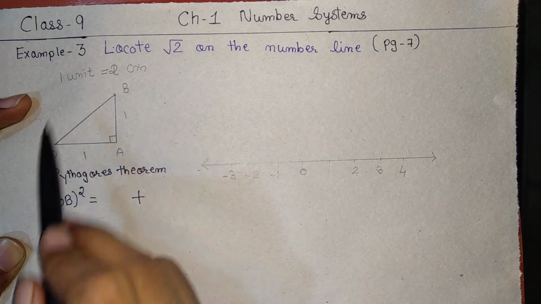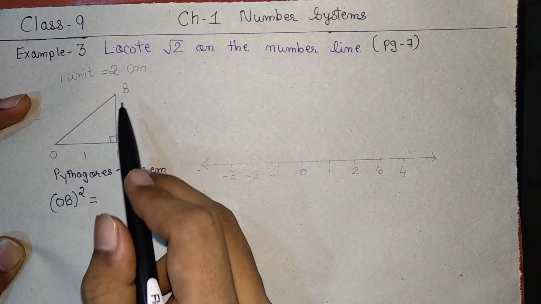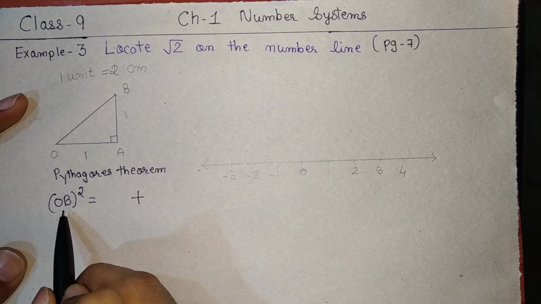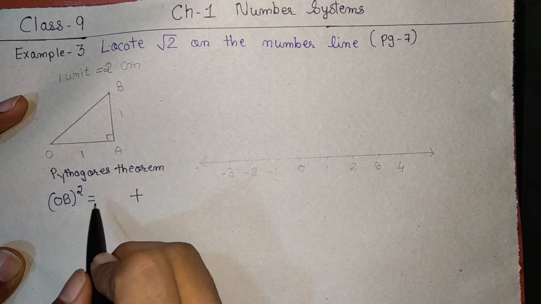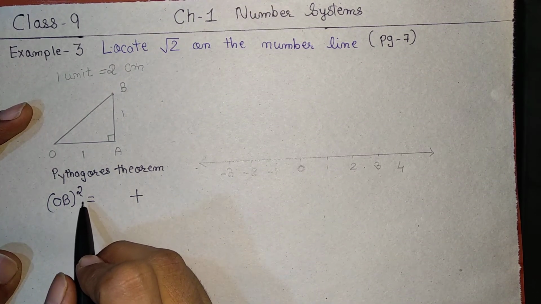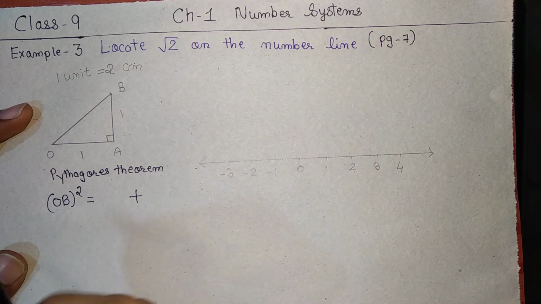Which are the other two sides in this triangle OAB? The other two sides are OA and AB. So the square of the longest side OB is equal to the sum of the squares of the other two sides.